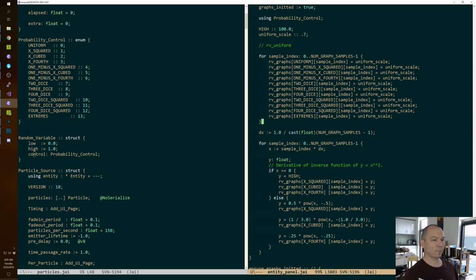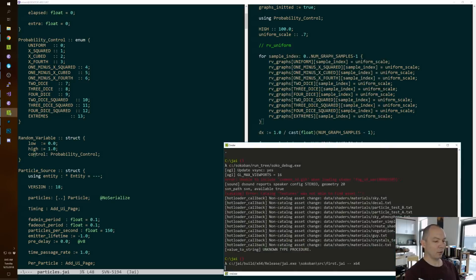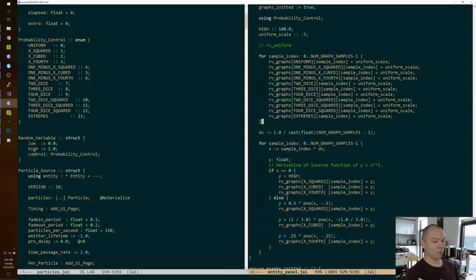Okay. Let's see if that compiles. It probably won't. Oh, look, it did.